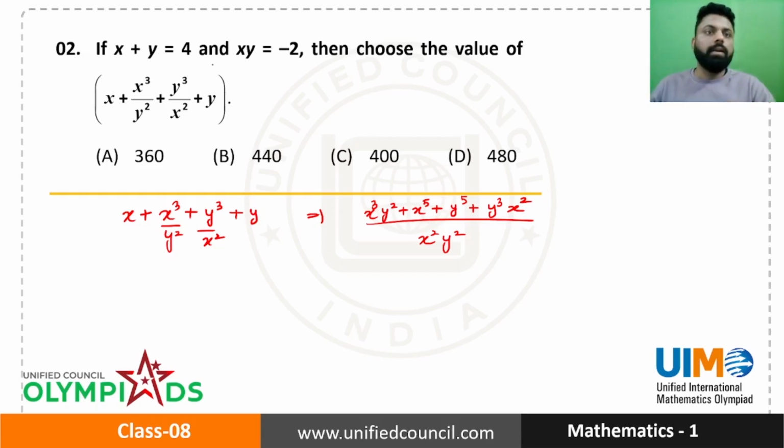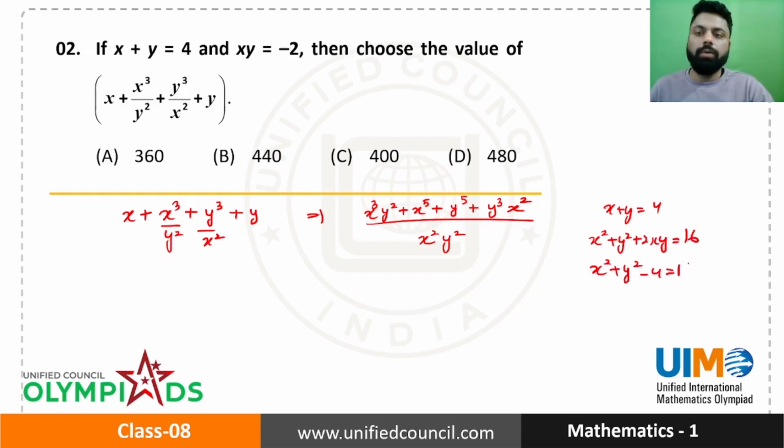Then after that we know the value of x plus y, so let's first find out the values. x plus y is equal to 4, x square plus y square plus 2xy is equal to 16, x square plus y square minus 4 equal to 16, x square plus y square is equal to 20.